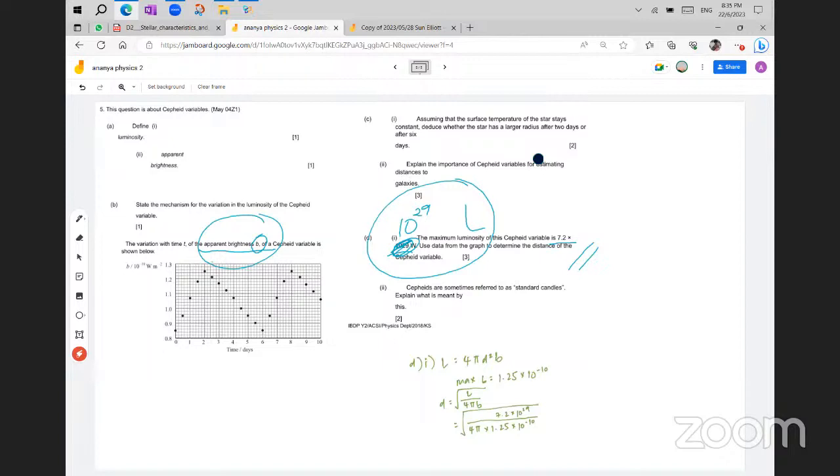It is a star that we can find the luminosity quite easily. That is the importance of the Cepheid variable, and that's why Henrietta Leavitt found that relationship.